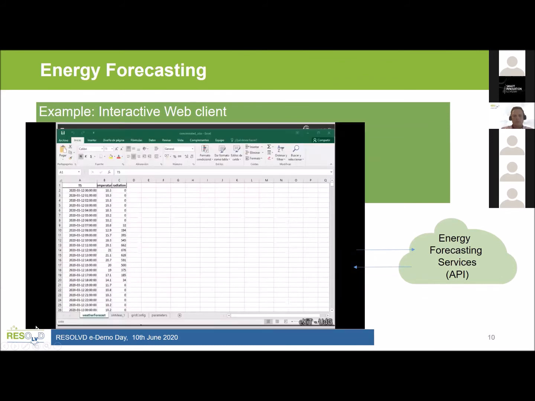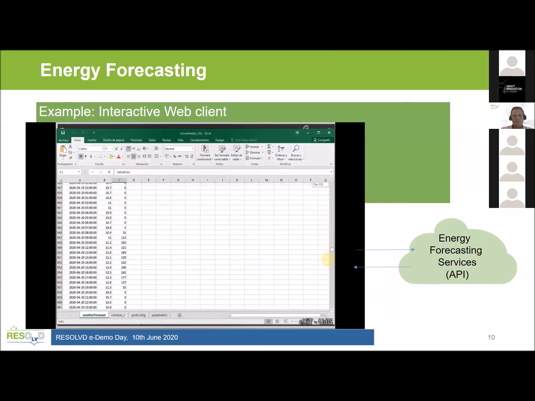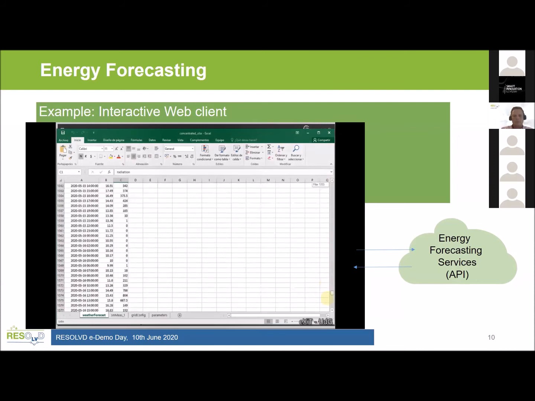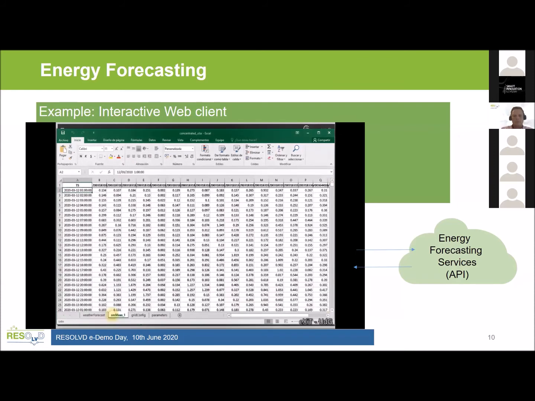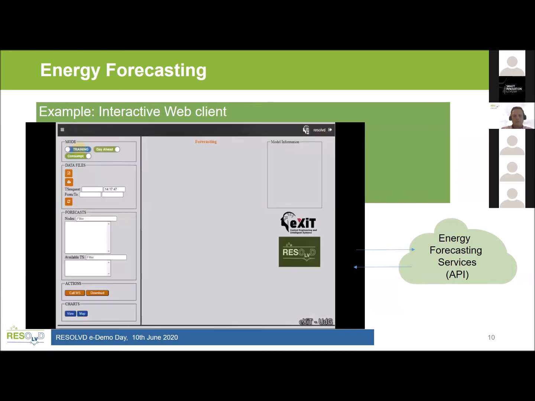Let me go with the video. In this case, for example, we have a data file with weather. Instead of the data file, we could ask some agencies. Here is the sheet with data from the smart meters. We also could have other data, in this case, a use case of critical events.